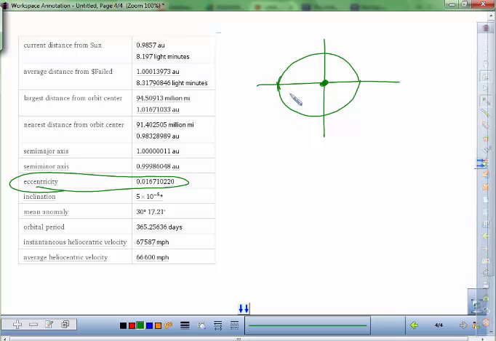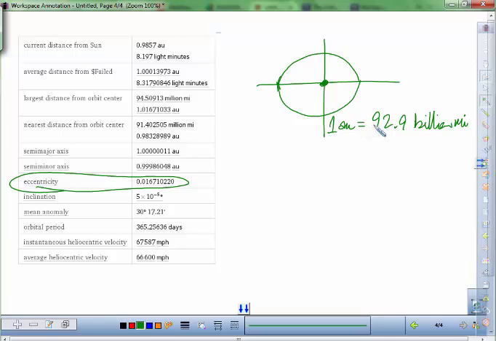What is it? Billion? Billion. No, it's million. It's 92.9 million miles. So this is 1 AU, right?